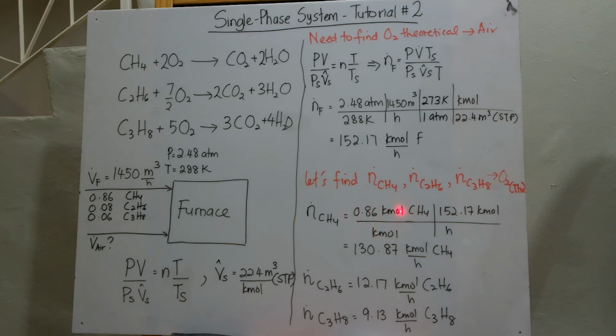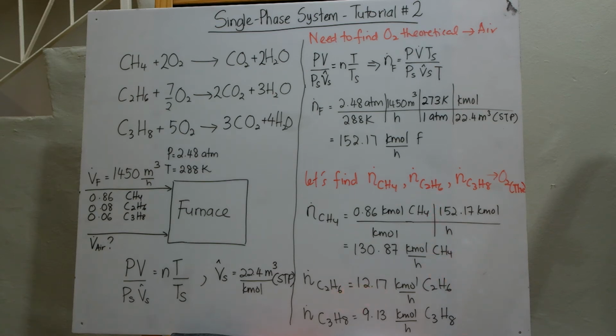So you just change the unit from volume to mole. So you have 0.86 kmol methane per kmol times the total molar flow rate. Then you'll obtain the molar flow rate for methane.